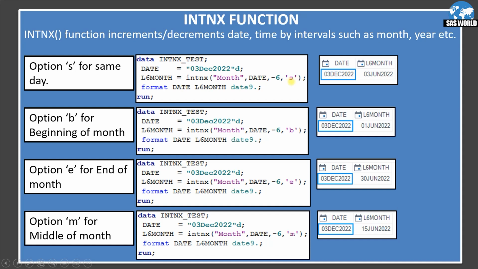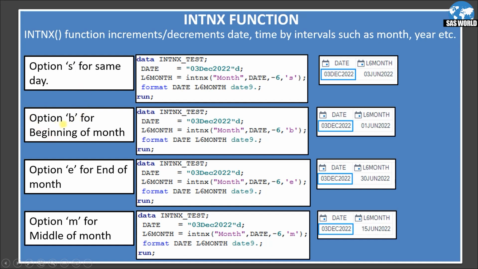So 6 months ago, same day from this date. So if you see the output, you will see the date is 3rd December and the last 6 months or 6 months before same day was the 3rd June 2022. So the 6 months ago, the month was June. Then I'm just applying a format date9. to date and L6 month variable, so that we can understand the date clearly. Okay, let's see some more options here.